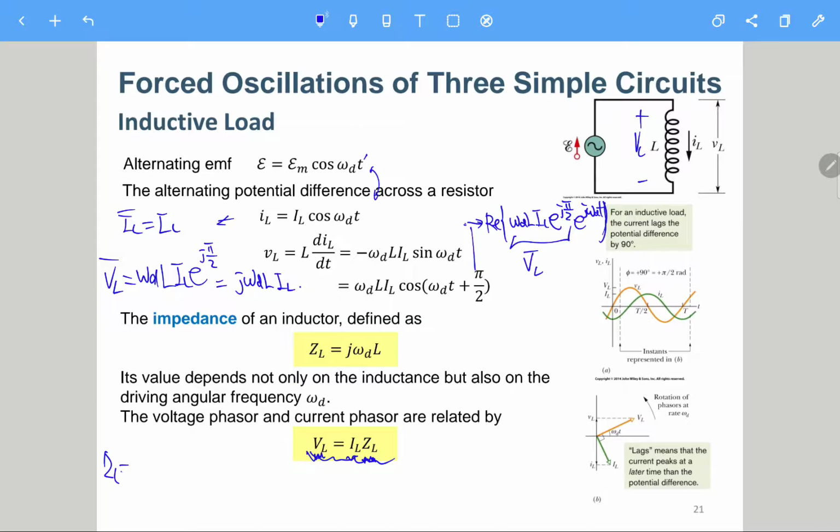So ZL should be VL phasor over IL phasor. VL phasor is j omega d L IL, so we have j omega d L IL over IL. So here we have j omega d L, and we write ZL equals j omega d L, or sometimes we only write ZL equals j omega L.